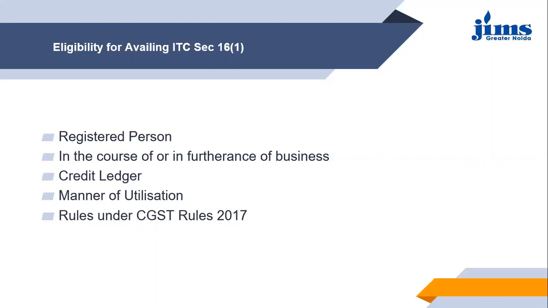The second point says in the course of or in furtherance of business. This means that if the goods or services are used in the course of business or the furtherance of business, then only you will be eligible to take the ITC benefit of such goods or services. No such credit is available in respect of inputs used for output supply of exempted goods or services.